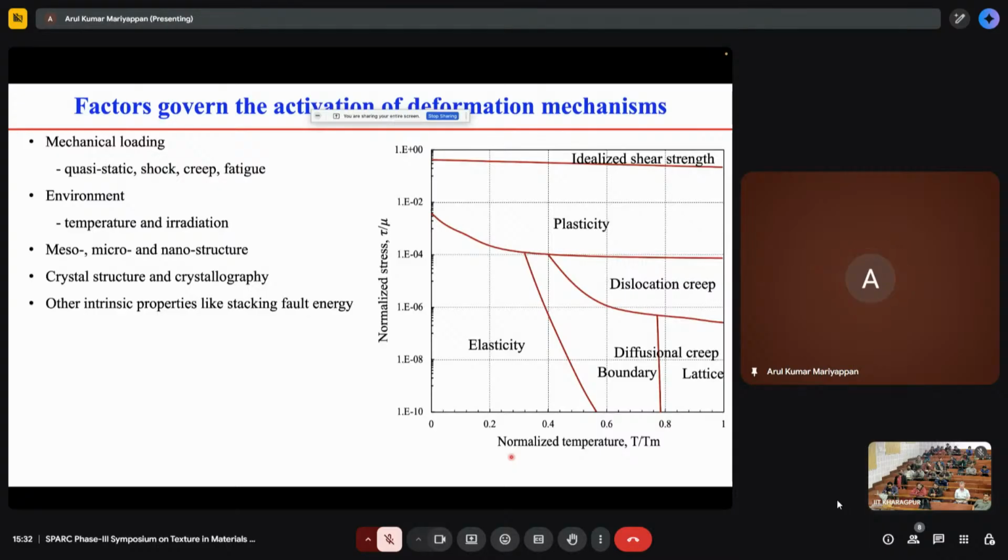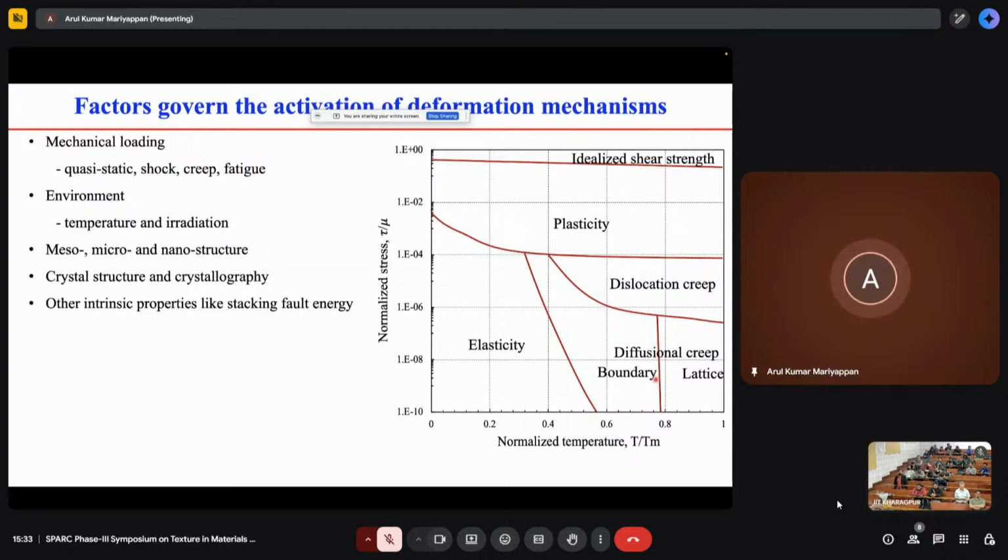On the right hand side, I'm showing a simple deformation mechanism map, a simple representation of an Ashby map, with normalized temperature on the x-axis and normalized stress on the y-axis. Based on the combination of stress and temperature, we activate different mechanisms, starting from elasticity all the way up to plasticity and creep, either dislocation creep or diffusional creep. So the material has a complex, heterogeneous, multi-scale microstructure, and we are activating various deformation mechanisms.